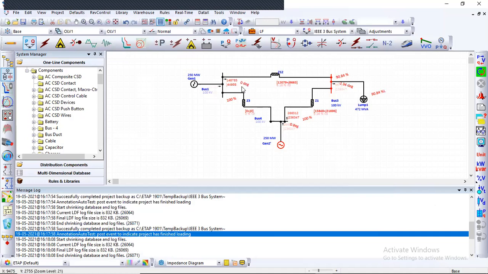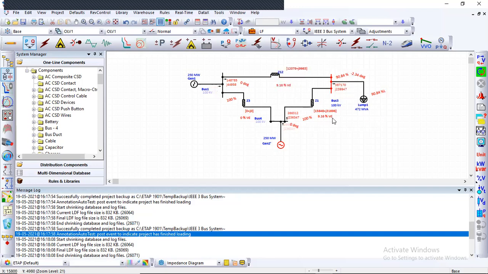This is the magnitude and angle of the bus voltage. This is the percentage voltage variation. Also, this is the voltage phase angle in this aspect, and also in this aspect.